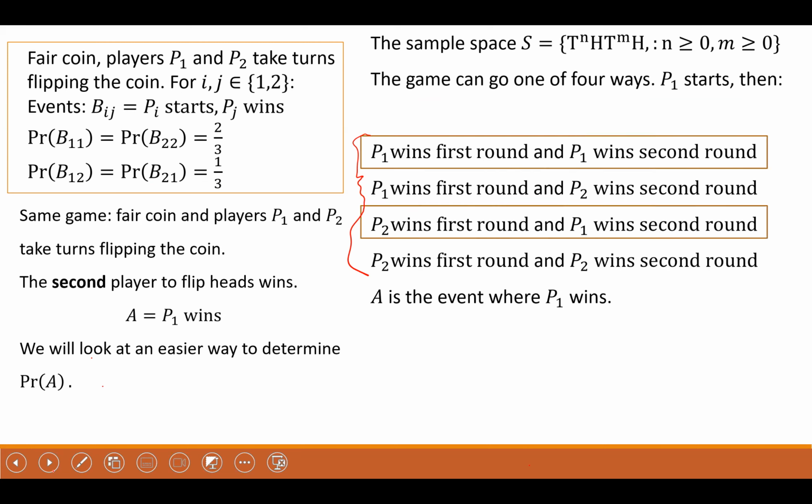And we can express the event A, player 1 wins, as the union of these 2 events.